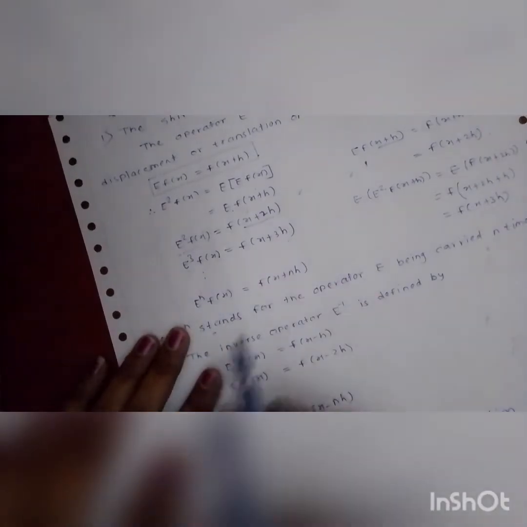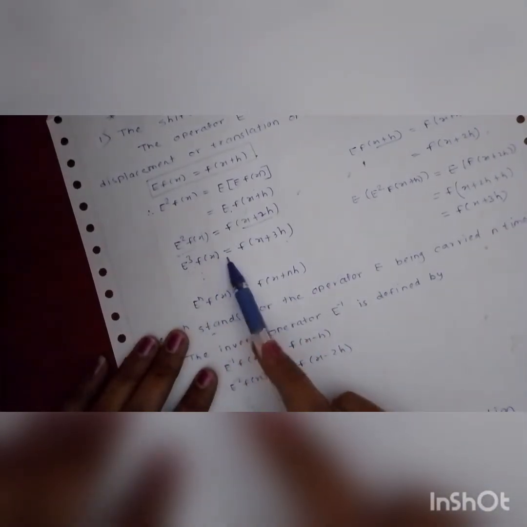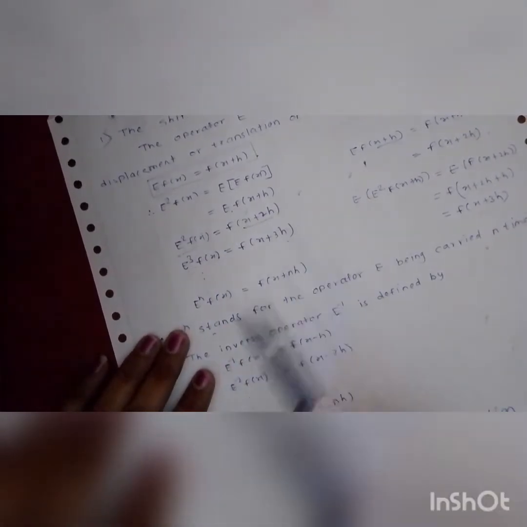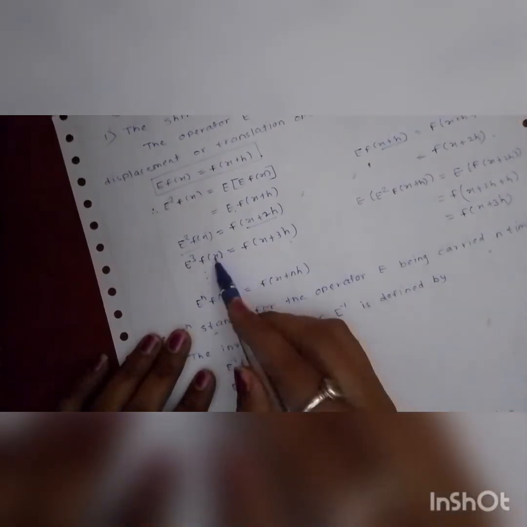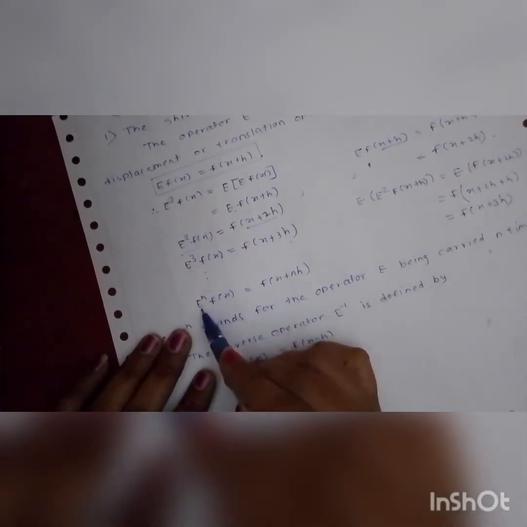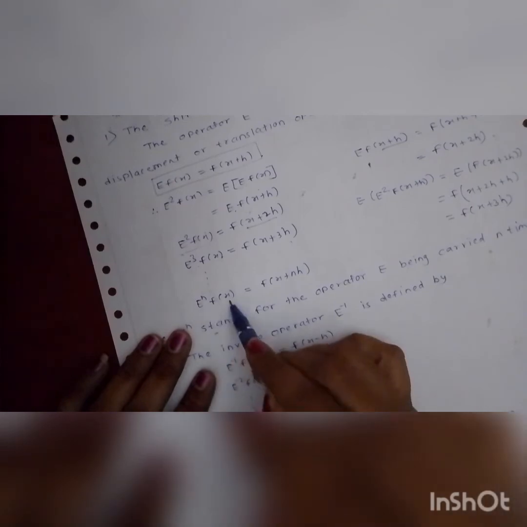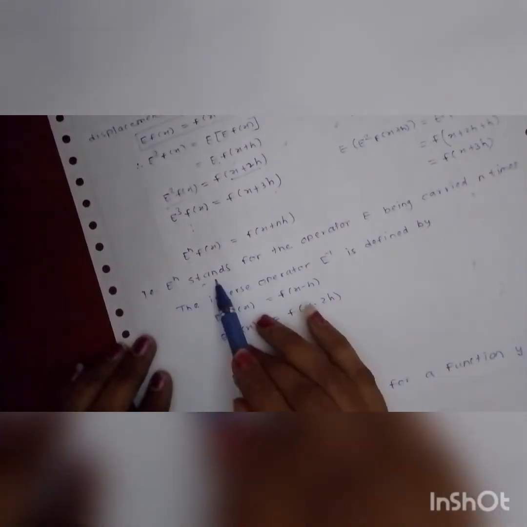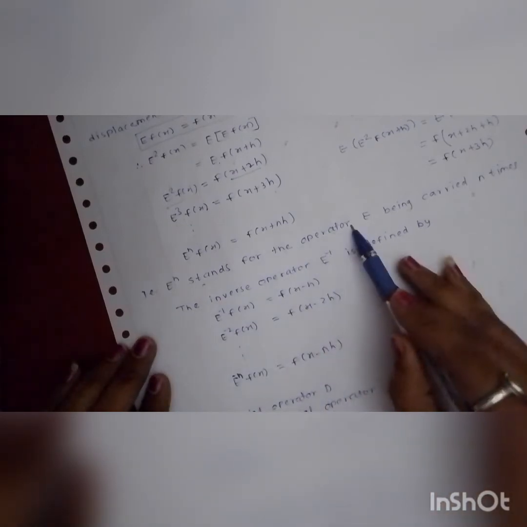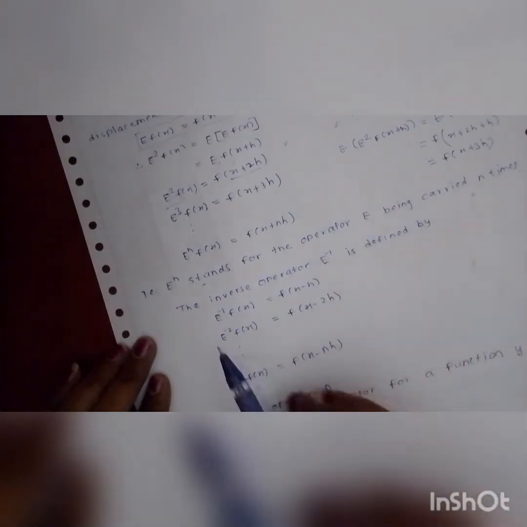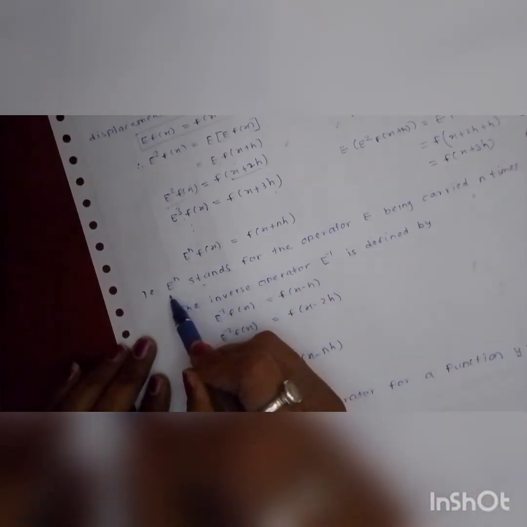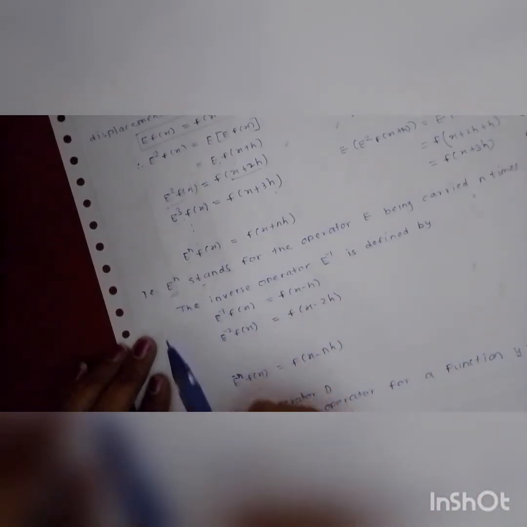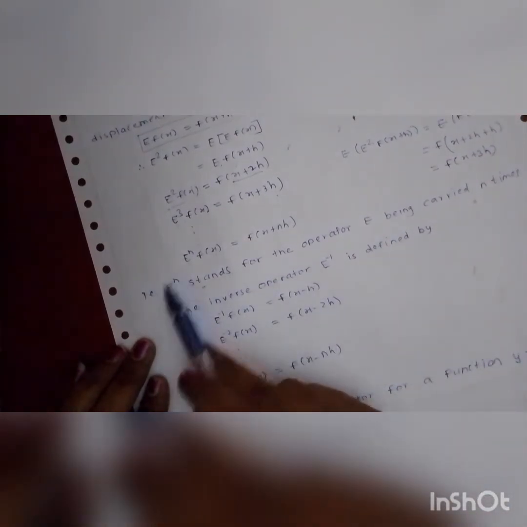So E cube f of x is f of x plus 3h. Similarly, for n we get E raised to n f of x is f of x plus nh. That is, E raised to n stands for the operator E being carried n times.